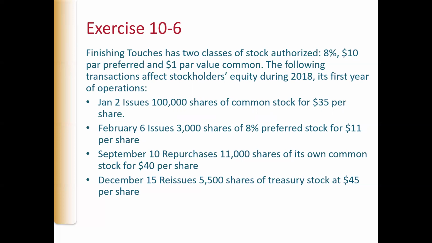On February 6th, we issue 3,000 shares of 8% preferred stock for 11 bucks a share. On September 10th, we repurchased 11,000 shares of its own common stock for 40 bucks per share. And then on December 15th, we reissue 5,500 shares of treasury stock at 45 bucks per share. Give yourself about 4 minutes. Attempt these, guys. If you attempt them, it helps you to see if you're getting it or not.